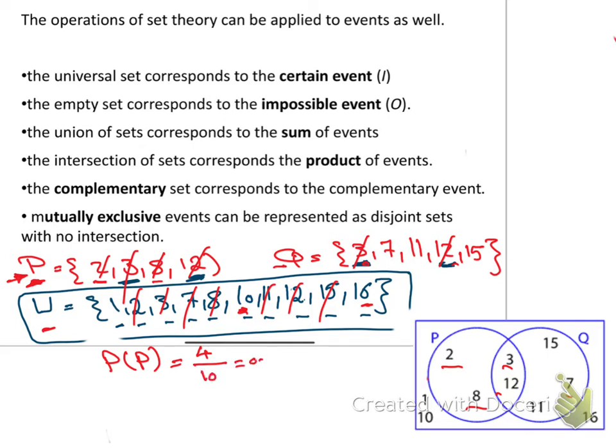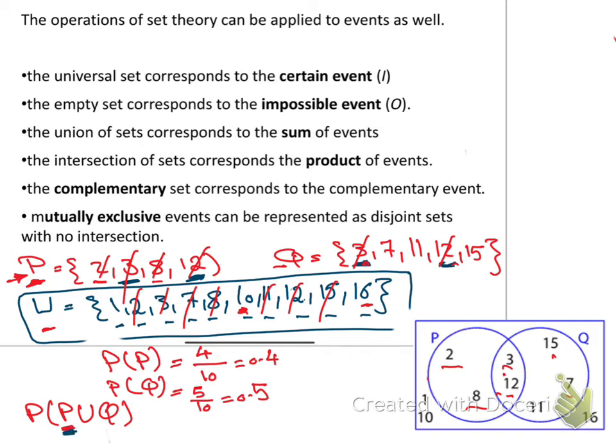So it is 0.4. What is the probability the number which I picked randomly is part of Q? It will be 1, 2, 3, 4, 5. 5 divided by 10 equals 0.5.